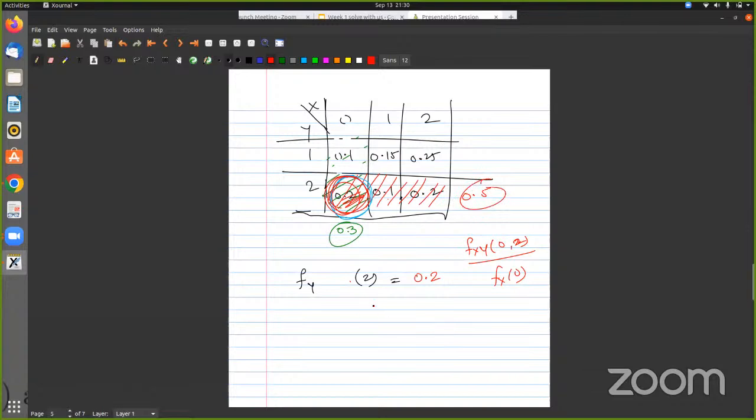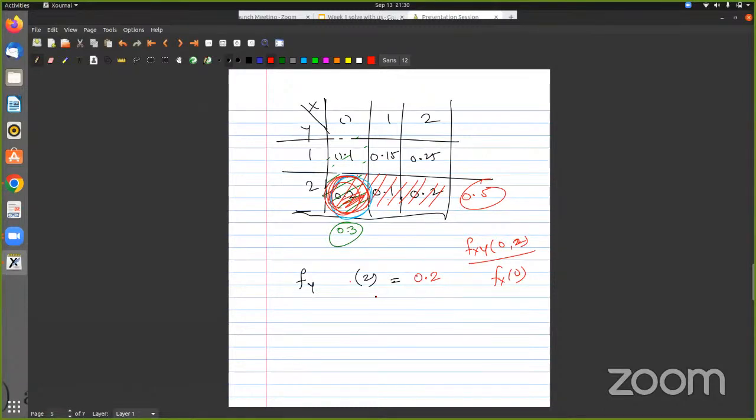What you are actually doing when conditioning on something is this: if you know the value of the joint density, or the joint probability, and you divide it by the marginal density of the thing you are conditioning on, you get the conditional probability.